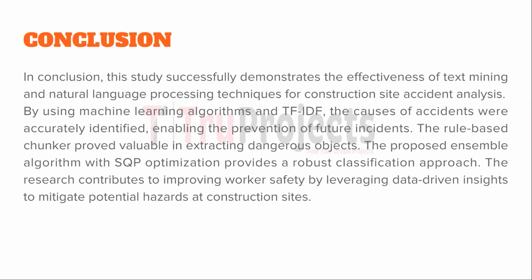By using machine learning techniques, the causes of accidents were accurately identified, enabling the prevention of future incidents. The rule-based approach is effective in extracting the dangerous objects. The proposed ensemble algorithm with SQP optimization provides a robust classification approach. The research contributes to improving worker safety by leveraging data-driven insights to mitigate potential hazards at construction sites.